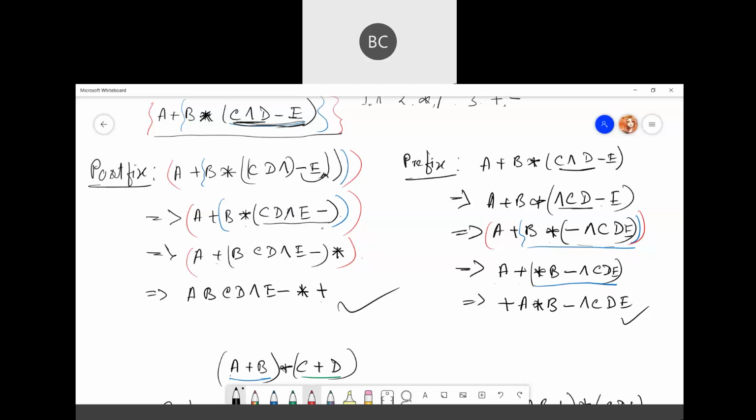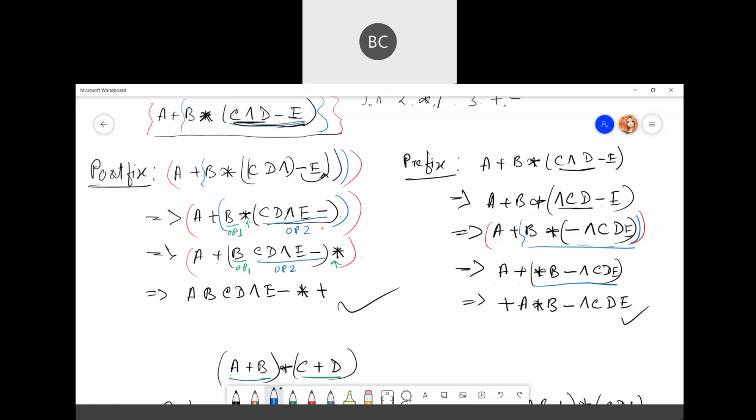Here, this is your operand 2 and this is your operand 1 and this is the operator. So this sign will come here. So this is again operand 1, this is operand 2, and this is the operator.